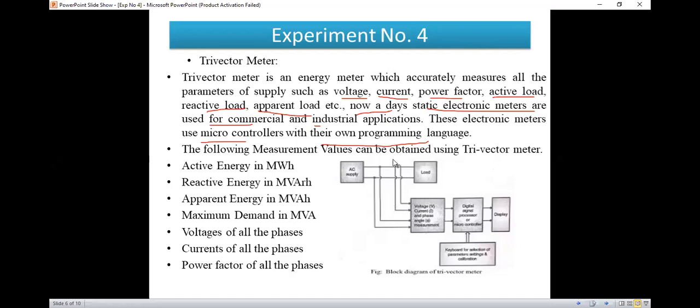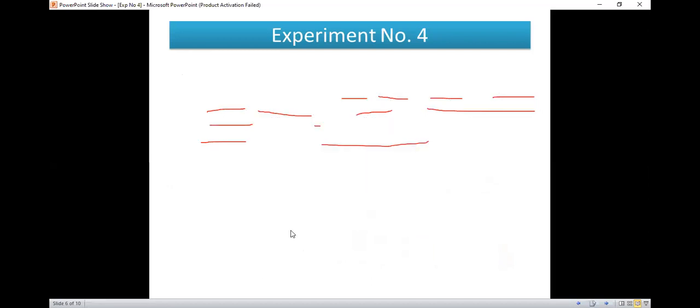So this terminal is connected here, and then the angle, and here the measurement terminal is there. Now here there is a digital signal processor, or it may be a microcontroller. The interfacing can be done to the microcontroller, and here the display is there, and this one is the keyboard that can be used. Okay, so this is the block diagram. So it will continuously monitor these quantities or parameters by using the tri-vector meter.